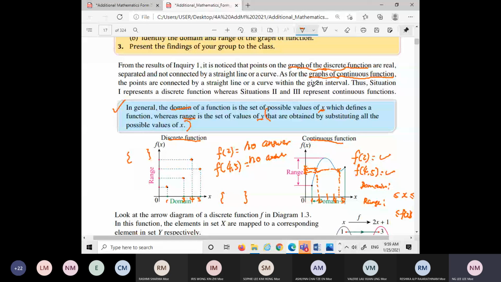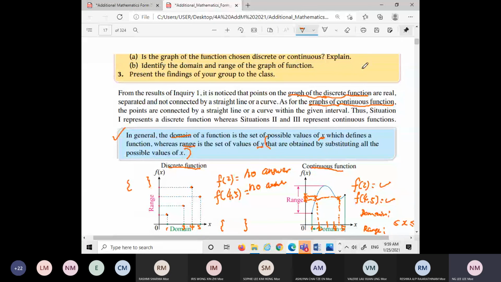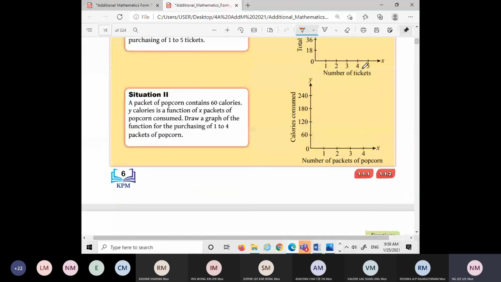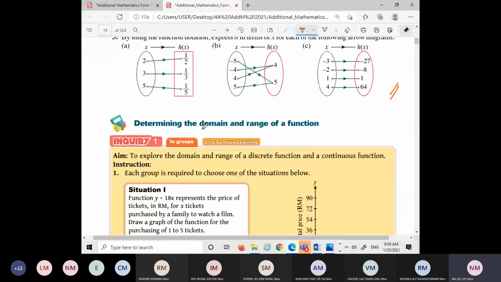Okay, so that day's index, please write the date of that day, and then please write the title for the index as function. And then today's index, please write this: domain and range. Okay, I write here, this is the index for today.